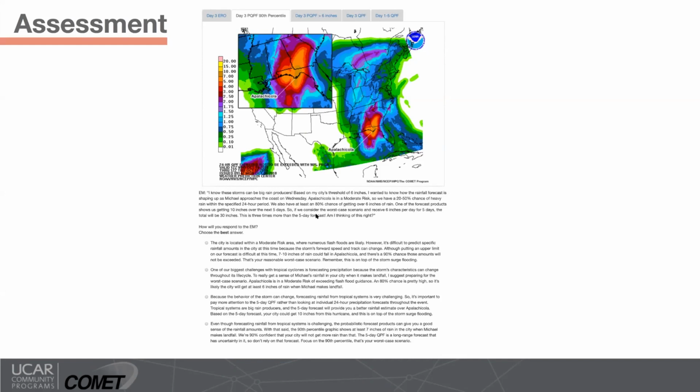Now, in the question, we have placed misconceptions about the products that are in front of them on the screen. And so our learners need to interpret the products correctly, identify the misconceptions in the question, and then form an answer that will explain the correct interpretation and also the kind of forecast that they need to prepare for in Apalachicola.